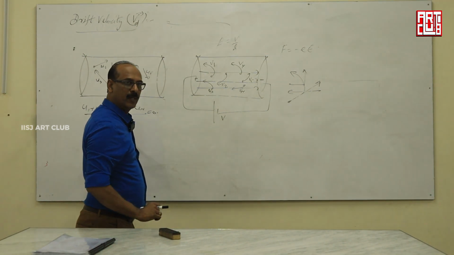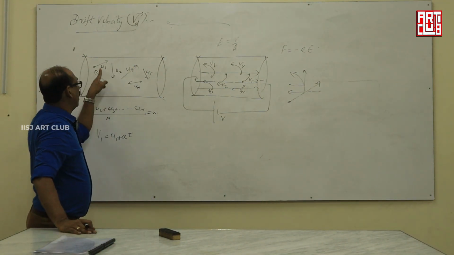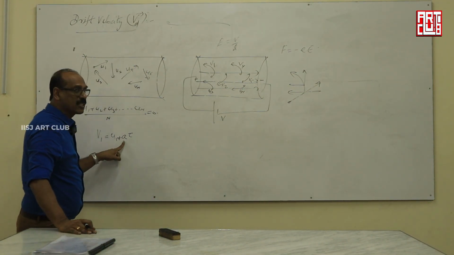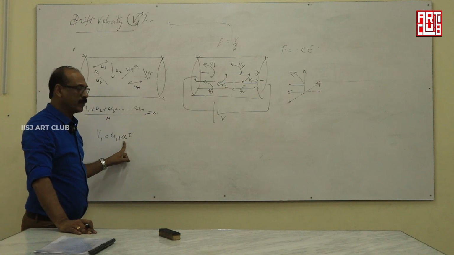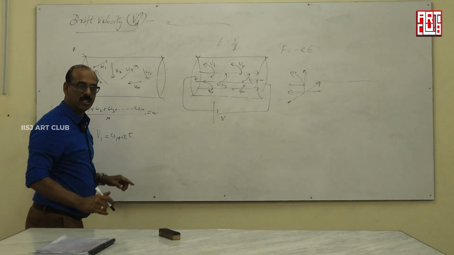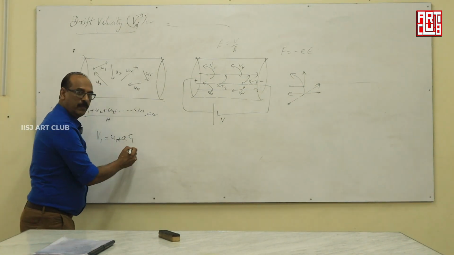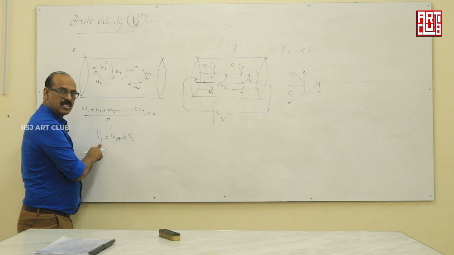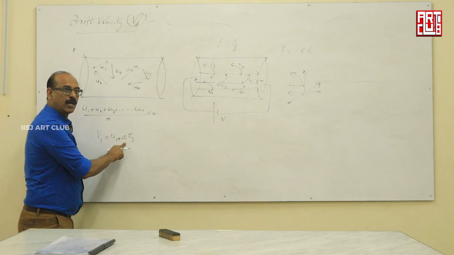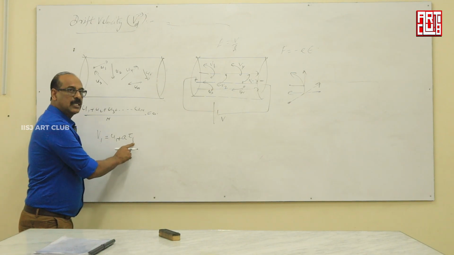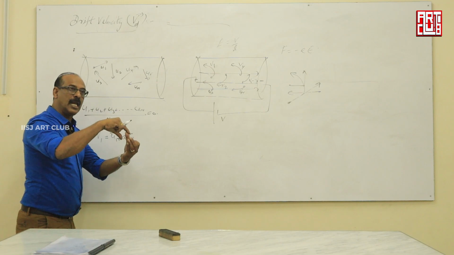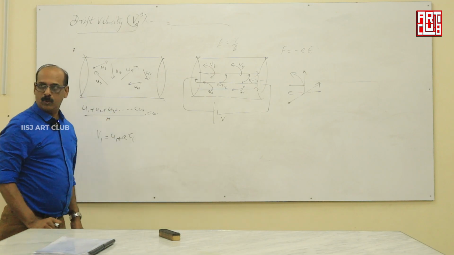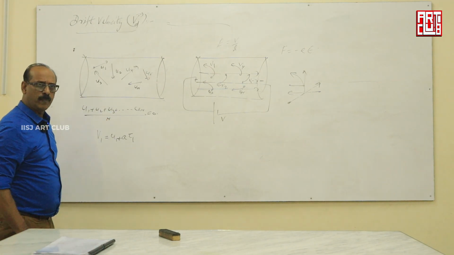U plus A tau. Here U is the initial velocity, A is the acceleration when the electric field is applied, and tau is the relaxation time. What is the relaxation time? The velocity will increase, or the electron will be accelerated, until it collides with another electron or another metal ion. Then that velocity stops. Clear?